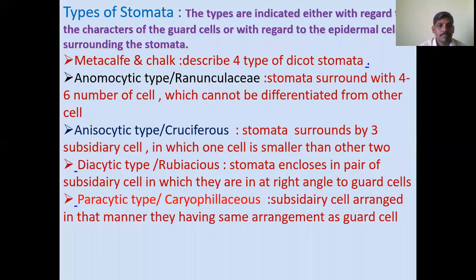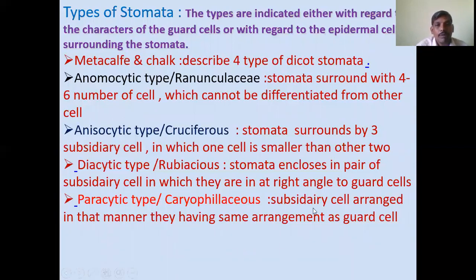Next, another type of classification of stomata, based on the characters of the guard cells or with regard to the epidermal cells surrounding the stomata. Metcalfe and Chalk described mainly four types of stomata in dicots.